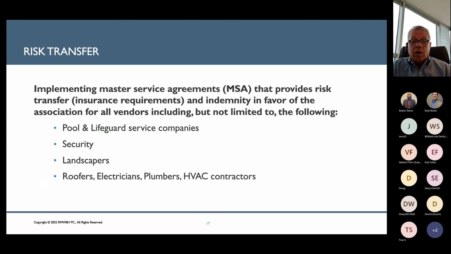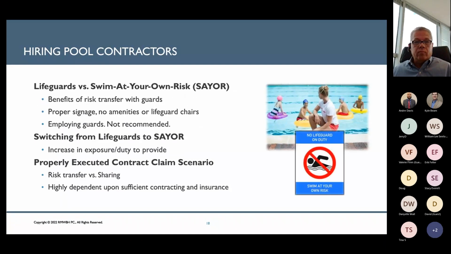And again, risk transfer, I mentioned, is something that's very important, especially something like pools and lifeguards. You want the risk to be held by that pool and lifeguard company or by that patrol company, not by the association. And the things we've talked about are the ways to do that: indemnity language, making sure they have sufficient insurance.